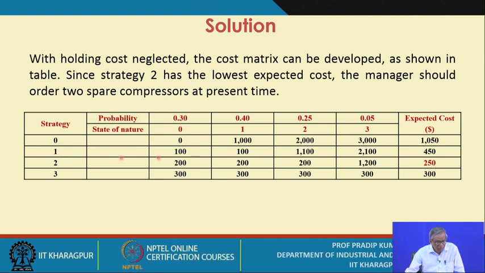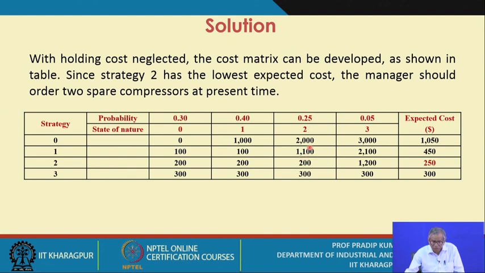So, we follow this logic. But suppose you have just purchased 1 compressor. You have spent $1000 right now, but there is no failure. If there is 1 failure, you have already covered it. So the cost will be $1000. But if there are 2 failures, you have already spent 1000, and for the second one you immediately have to purchase 1 more compressor.